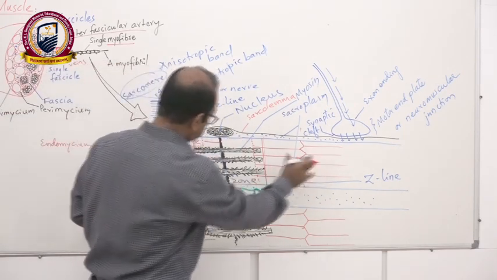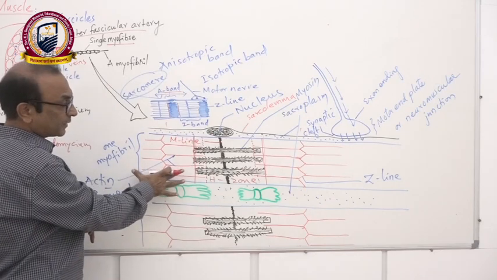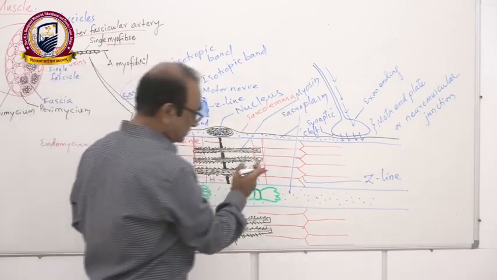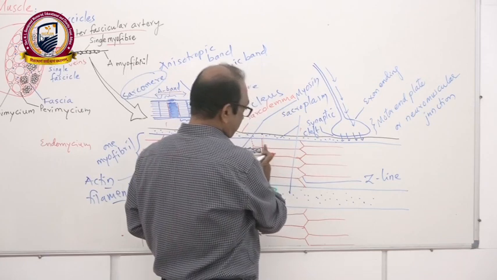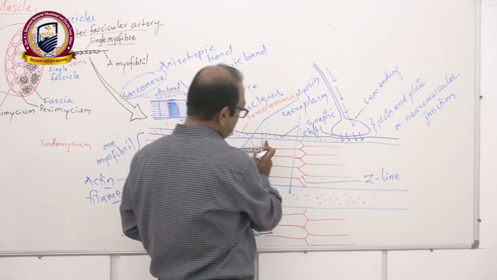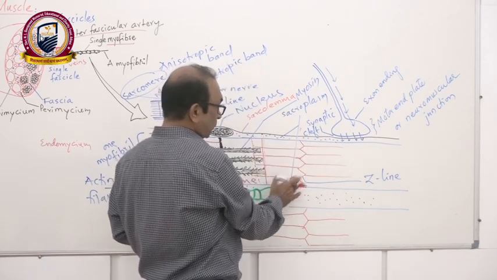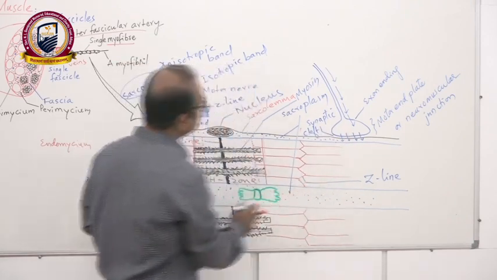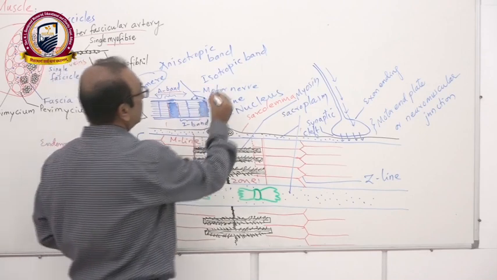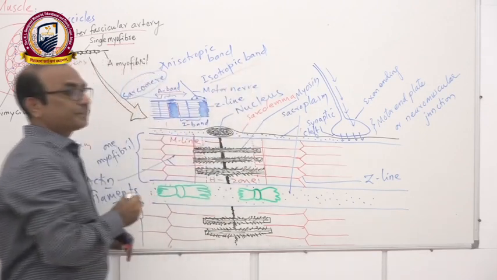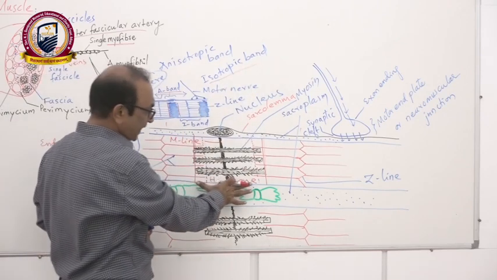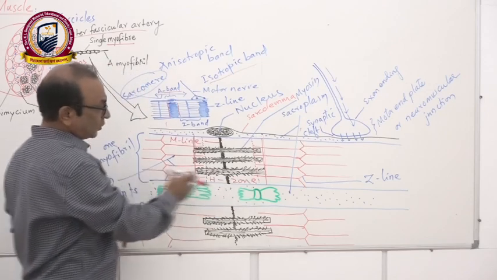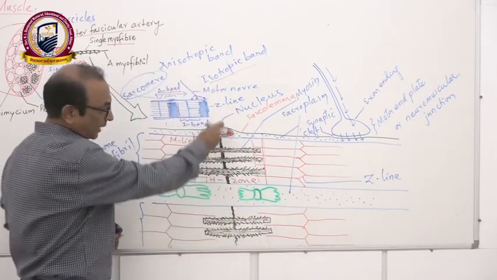And the light band on either side, comprising half of one sarcomere and half of the other sarcomere, is called the I band or isotropic band.